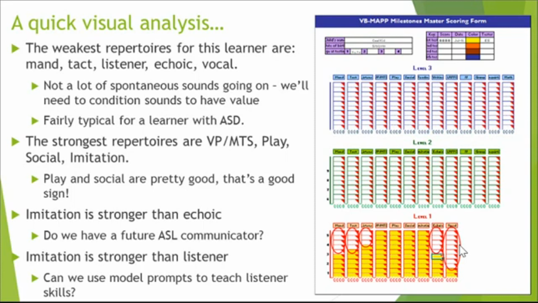You want to use a pencil your first few times scoring the assessment. This just makes correcting mistakes a little bit easier. You give half a point and then you go back and look at the guidebook and you realize that half point isn't available for that particular milestone.